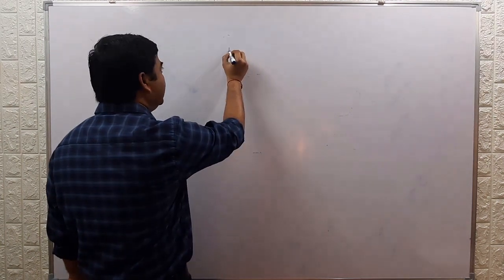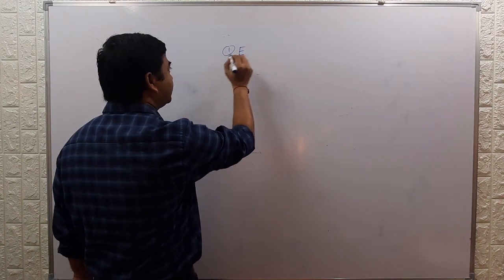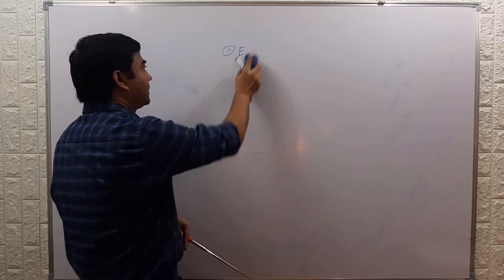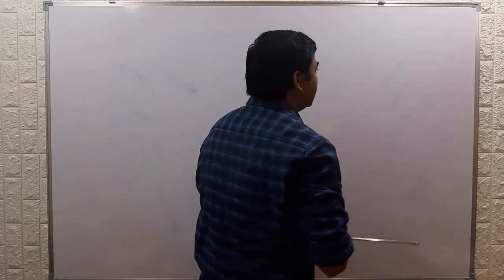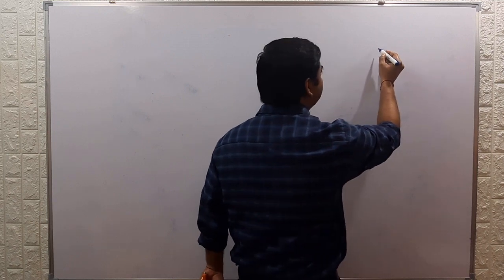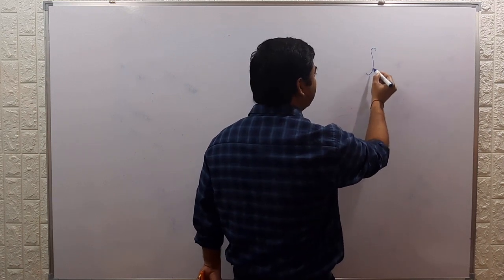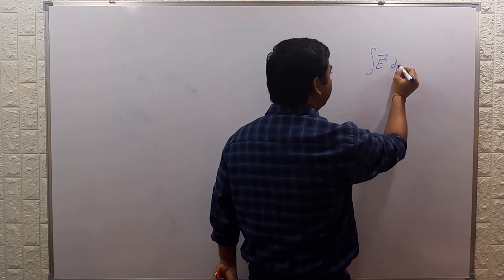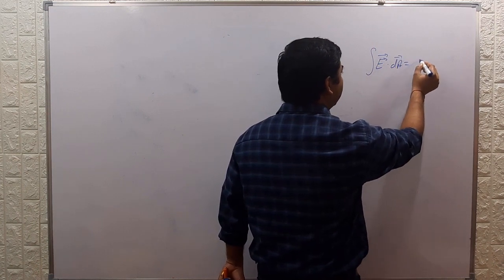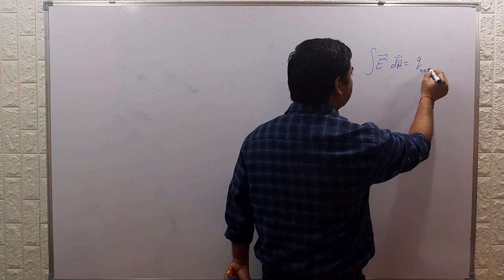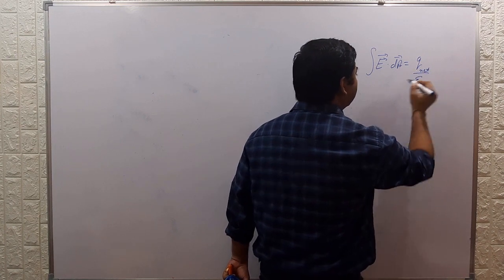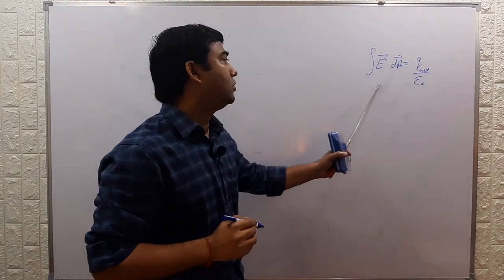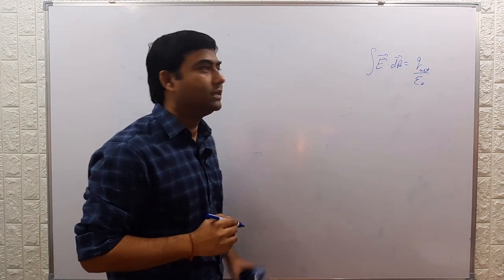First for electric field, Gauss's law in integral form is E dot dA is equal to Q net by epsilon 0. That is Gauss's law for electric field in integral form.